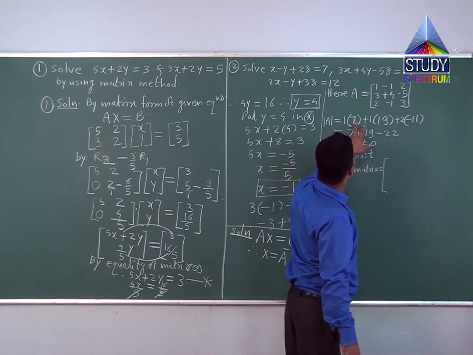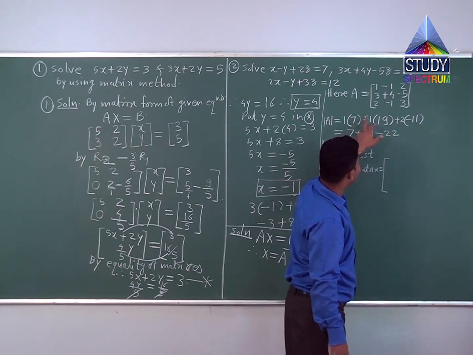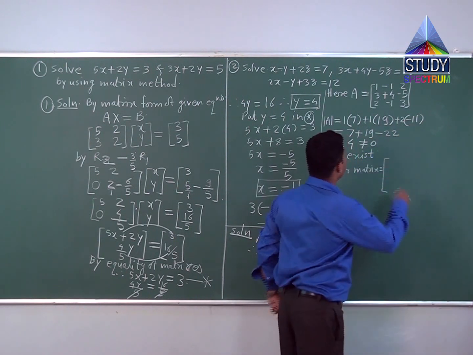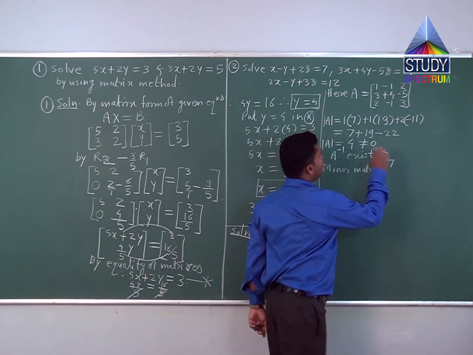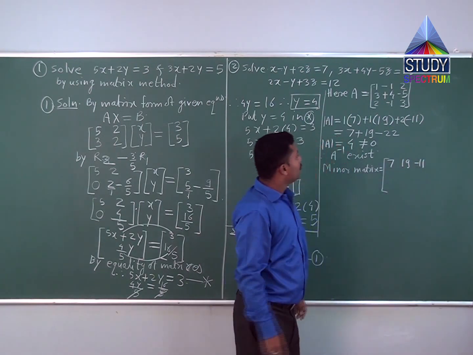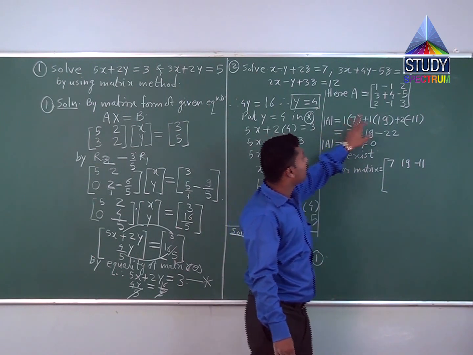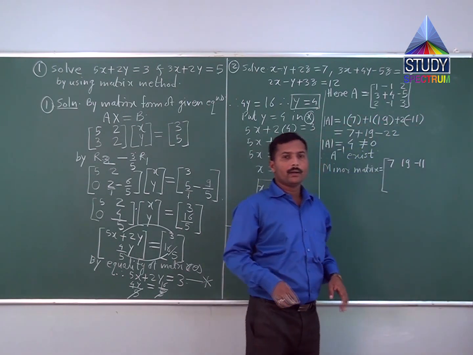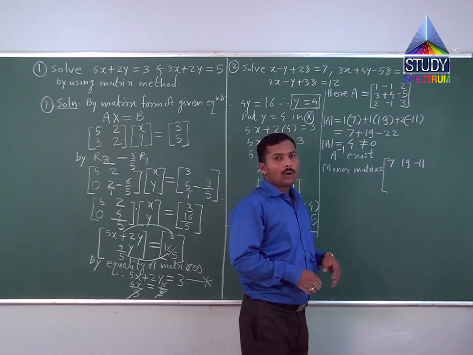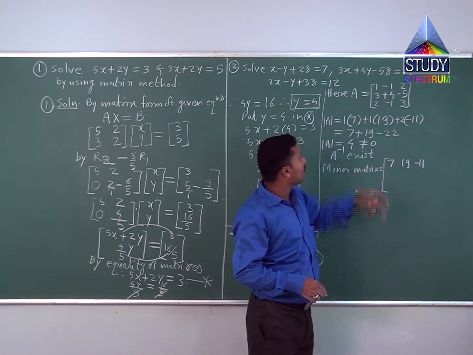We have already found 3 minors: 7, 19, minus 11. So first row is 7, 19, minus 11 as it is. When finding the determinant, 3 minors were already found, so don't find them again, because that wastes time. So we find the remaining 6 minors.